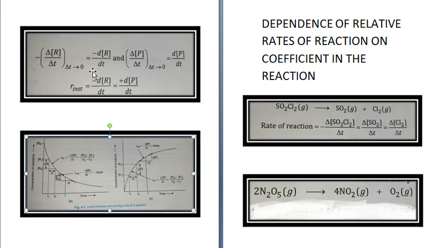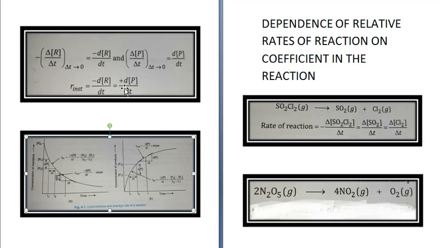Similarly, delta P upon delta T, when you limit the value of delta T to 0, it becomes equal to dP upon dt. So instantaneous rate of reaction is equal to minus dR upon dt or plus dP upon dt.